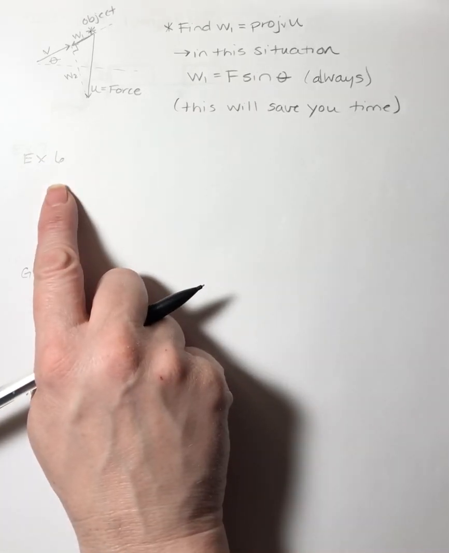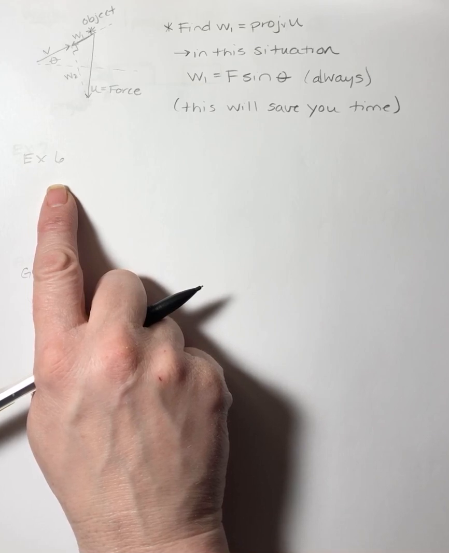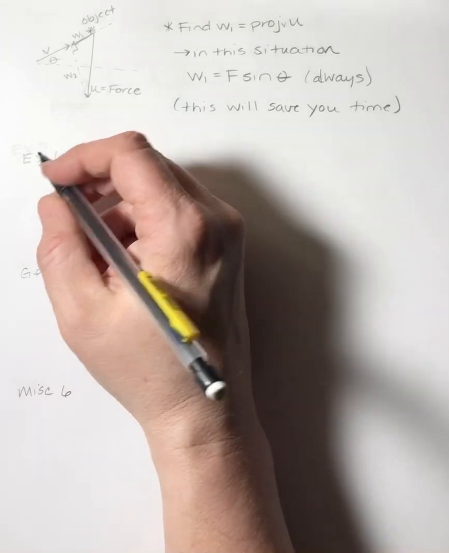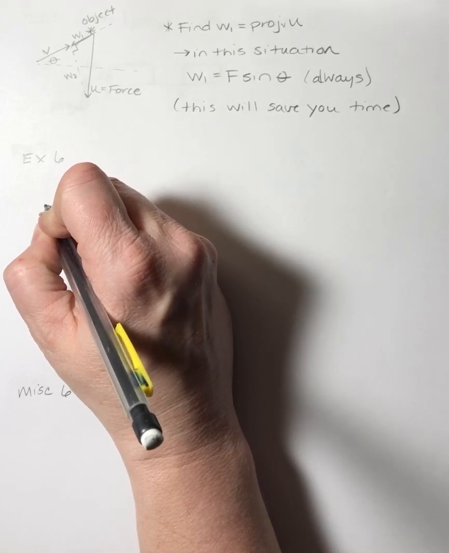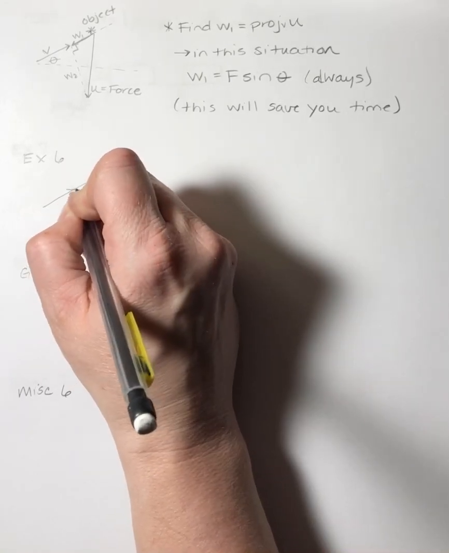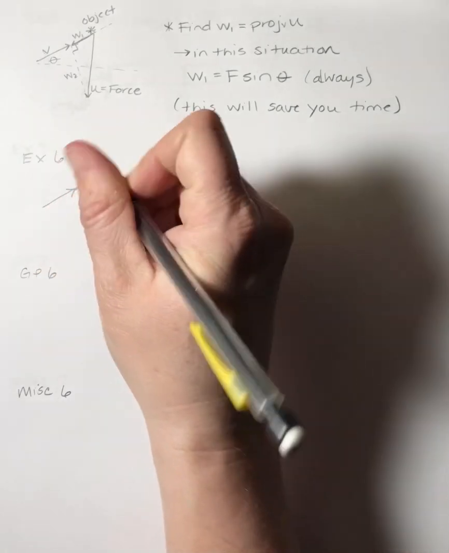So the first one is example 6, which is on page 504. A 3,000-pound car sits on a hill inclined at 30 degrees. And they have a picture. So you have a 3,000-pound car.